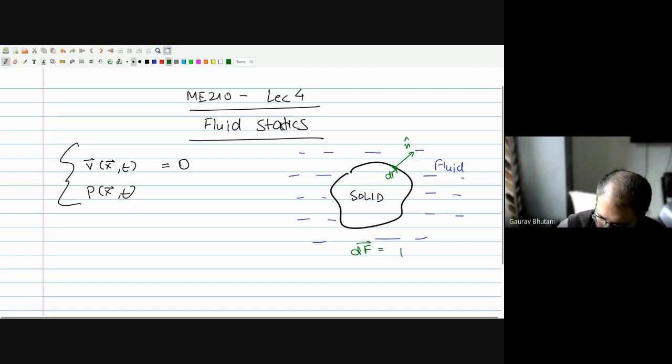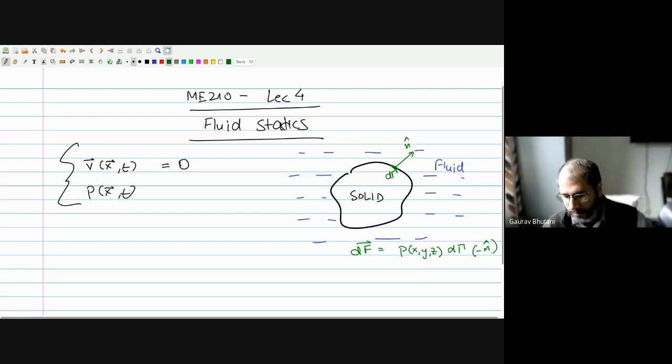That's equal to the pressure acting at that point, so pressure as a function of x, y, and z, times the infinitesimal area d gamma. And then, of course, this is a vector. So the direction is always, as we know, in the minus n hat direction. So the force always acts opposite to the area.